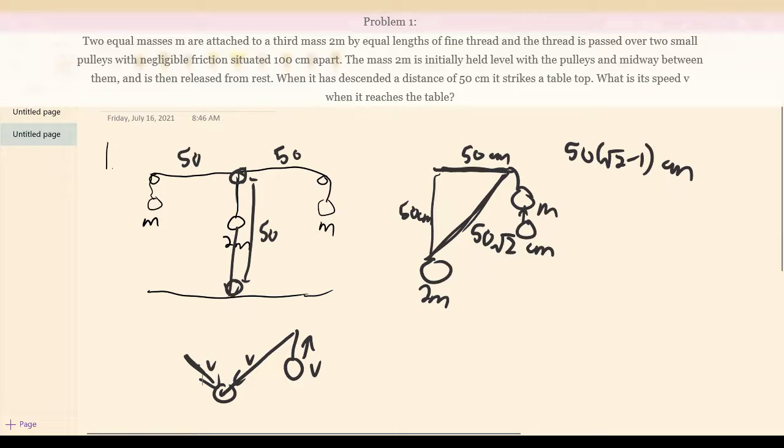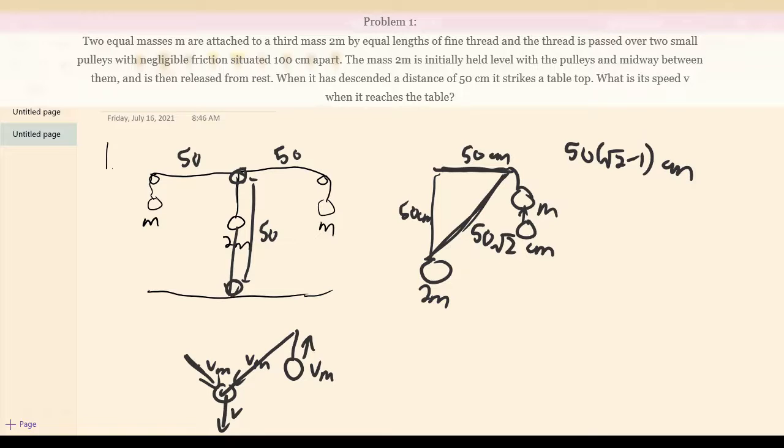If we split these two velocities of v into their horizontal and vertical components, the horizontal components both cancel out, and the vertical components just add together to form one velocity. Let's call this V going down.